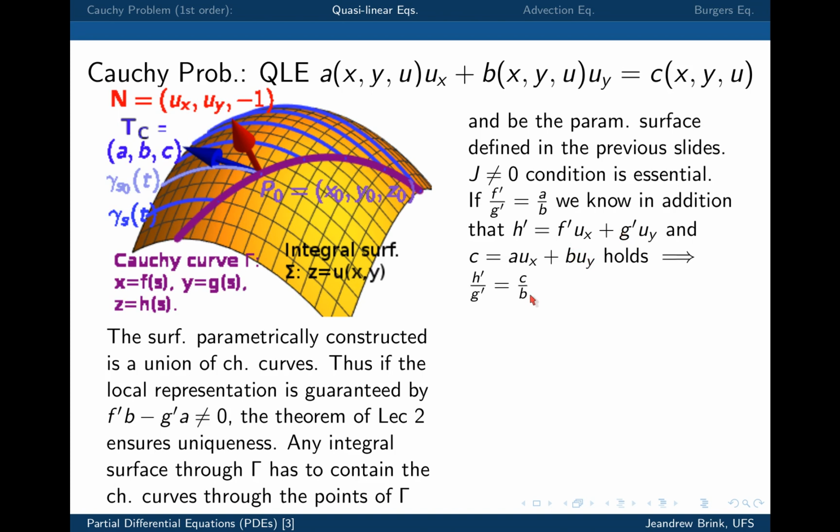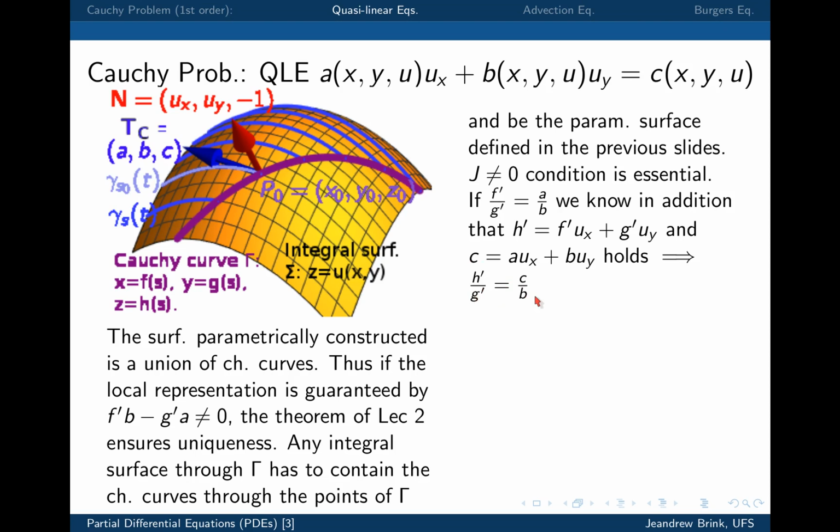When I subtract them, u_y vanishes. You have a over b equal to f prime over g prime, which you have up top here, so that also vanishes, and you're left with h prime over g prime equal to c over b. So that is one of the consequences.